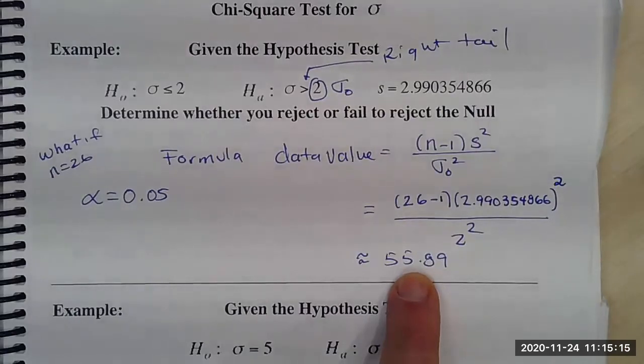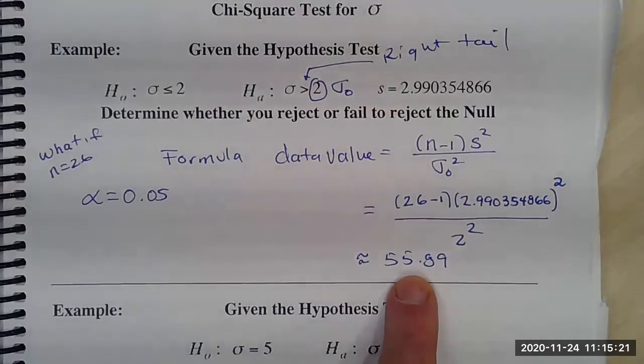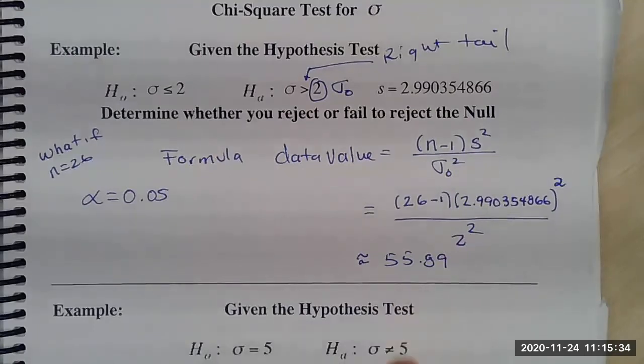And that'll help you make your decision. The other way is, since I have a data value and I know it's a right tail, I can use my chi-squared CDF and get a p-value, and hopefully the same decision. So I'll do it both ways.